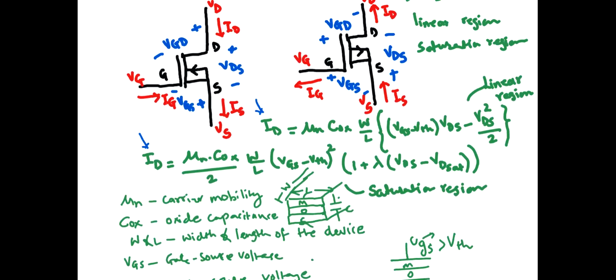Remember, the drain current ID has a different form of expression in the linear region, and a different expression for operation in the saturation region. Channel length modulation is another parameter, which we'll cover in another module. If that is taken to be 0, then this term goes to 0, and the expression is just up to this. So this is called the shorter form of the expression for ID.